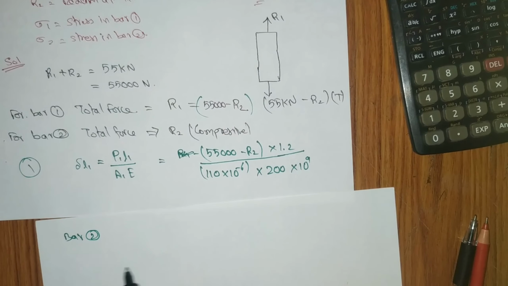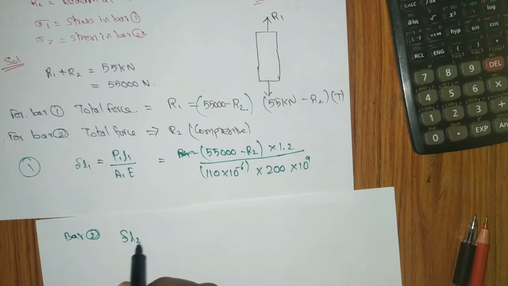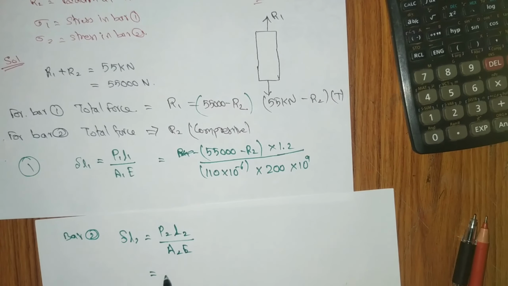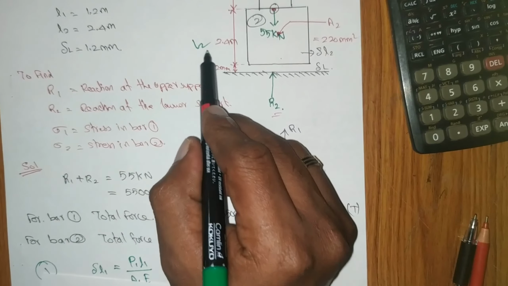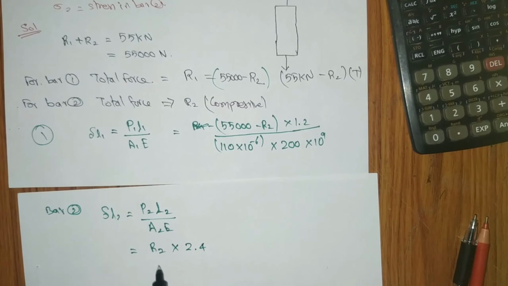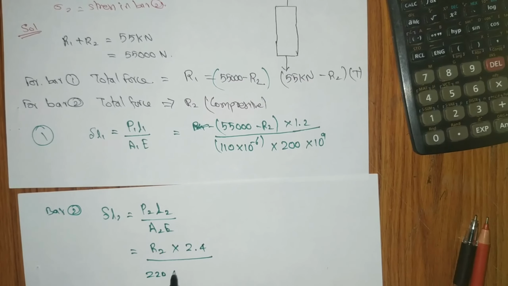For bar 2, delta L2 will be P2 L2 divided by A2 E. We know the P2 value is R2, which we don't know yet, and L2 we have from the given data, 2.4 meter. So let us substitute 2.4 divided by A2, which is 220 into 10 to the power minus 6, into 200 gigapascal, 10 to the power 9.